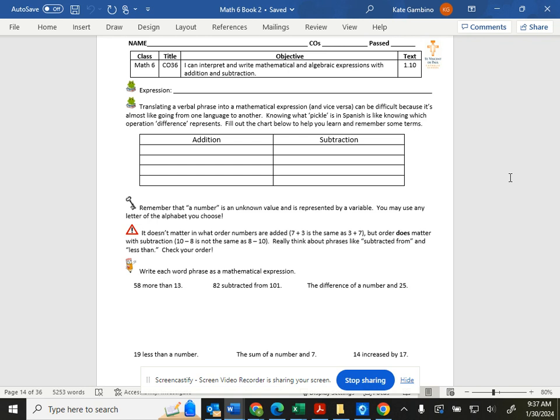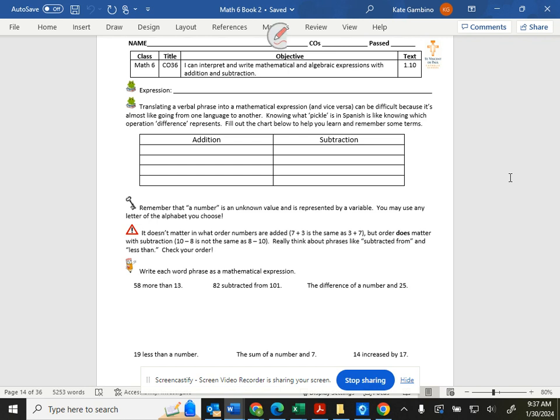So if we look at CO 36, we started off our unit with those algebraic expressions with addition and subtraction. You're going to want to put this table on your help sheet so you know which words mean add, which words mean subtract.